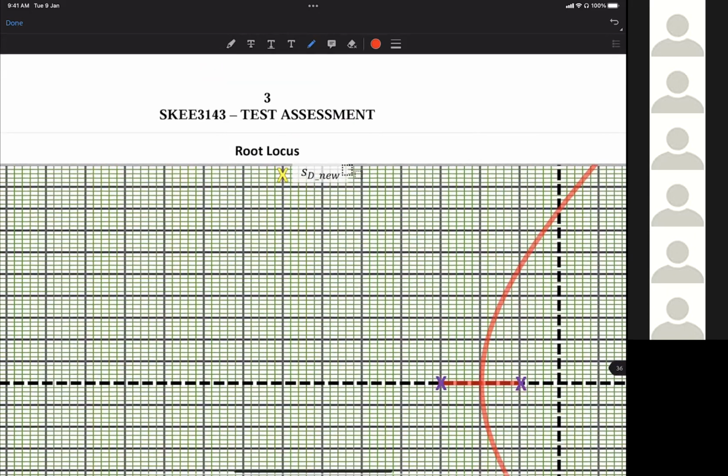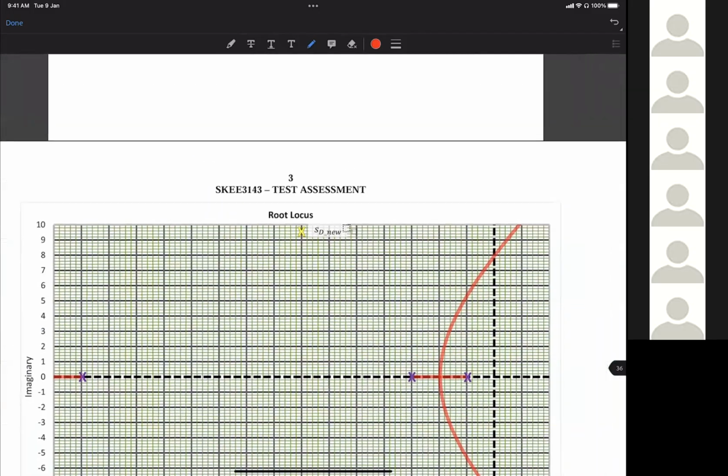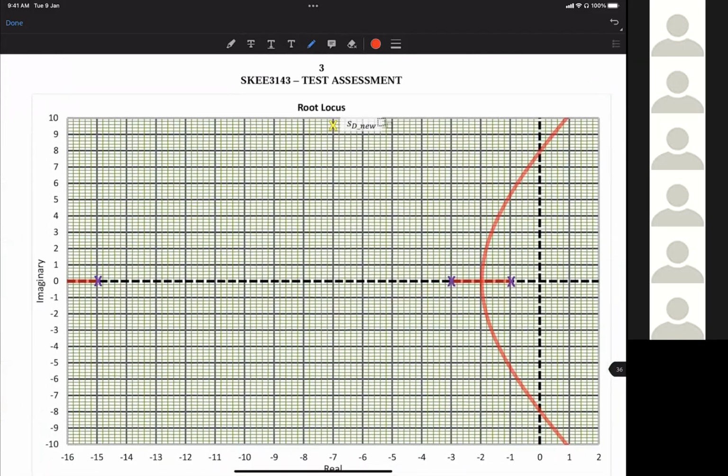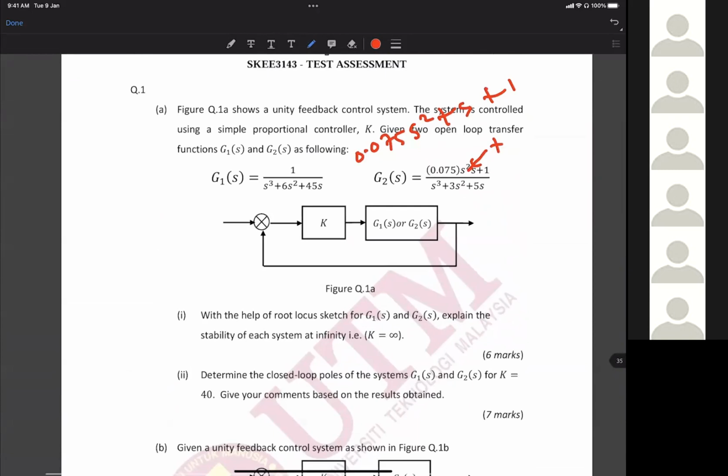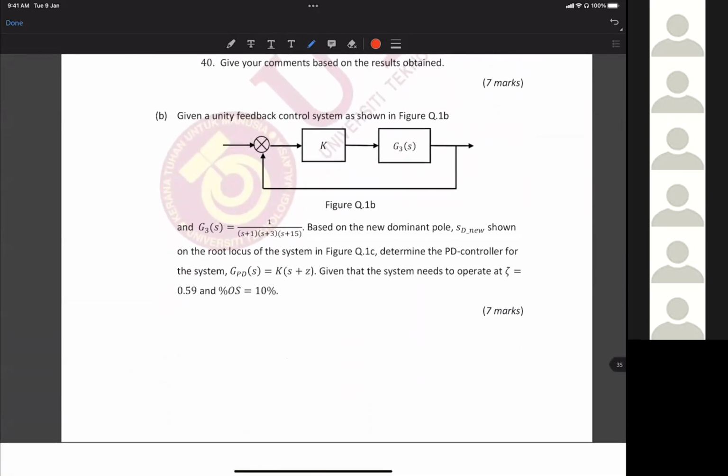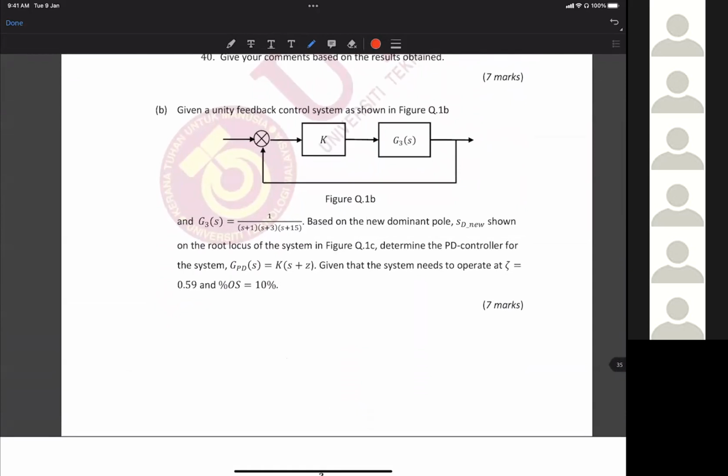So now plot is given. Plot is given. So what is the value of this new dominant pole? Cuba baca pada graf. Can you read?